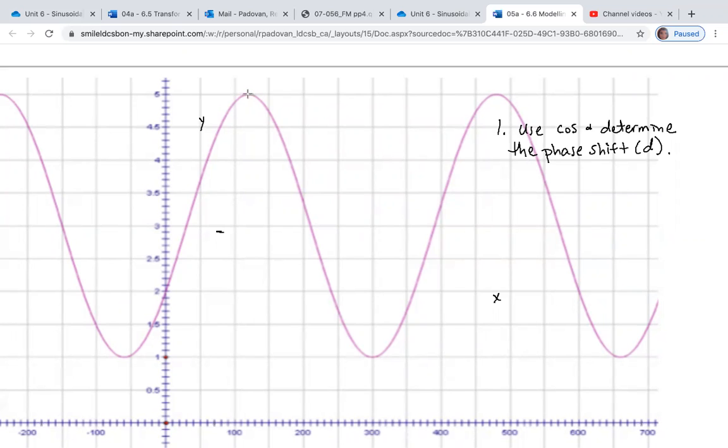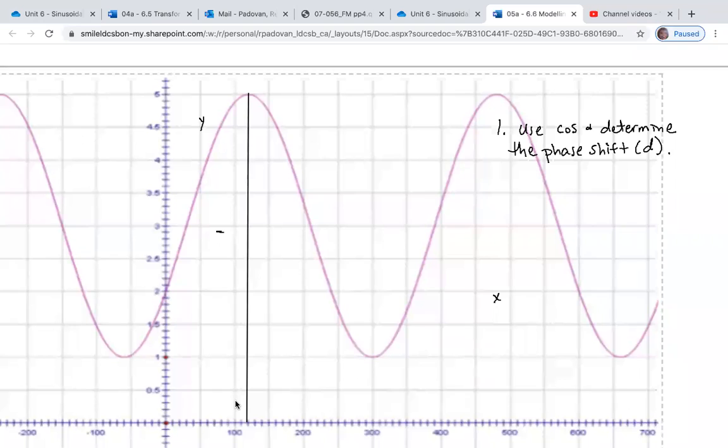So if I pick this maximum the best I can and go straight down, what value is that? You can see here that it looks like it's going by tens: 10, 20, 30, 40, 50, one grid line, 60, 70, 80, 90, 100, 110, 120, 130, 140, 150. So if it was smack in the middle, it'd be 125, and when I did a straight line, it looked like it lined up with 120.